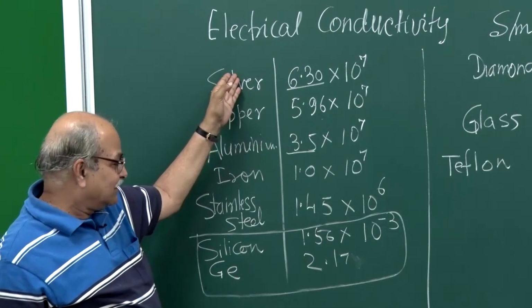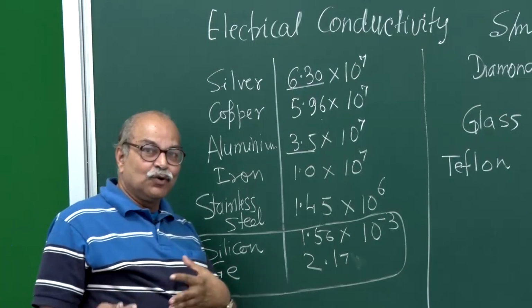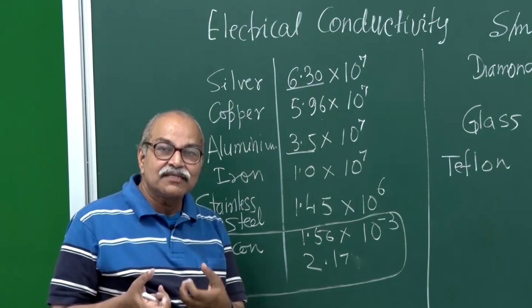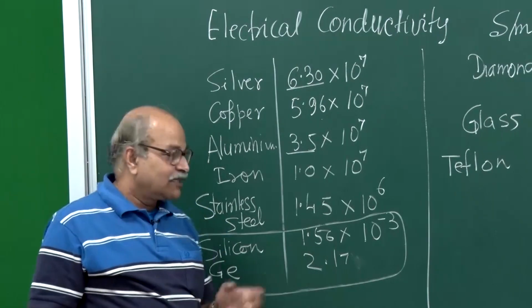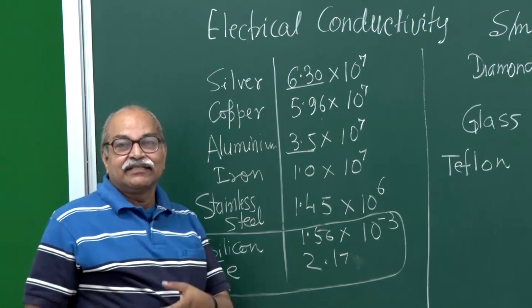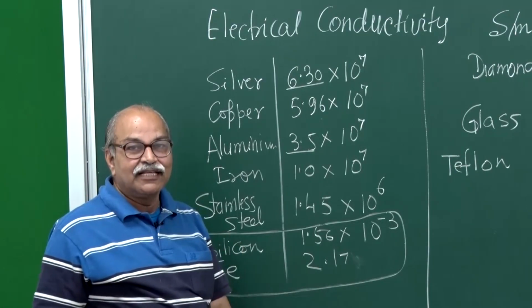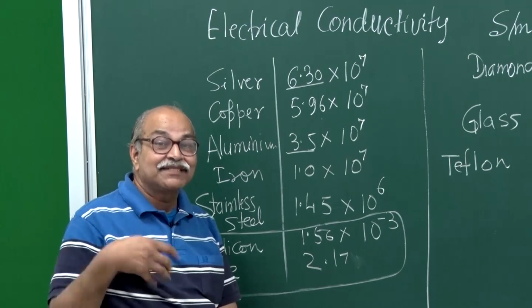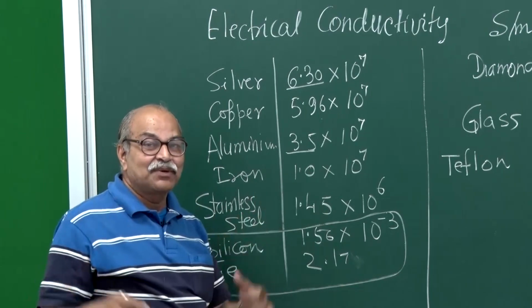So this is silicon. Most of our course will take silicon as the model semiconductor. Germanium is there, then other semiconductors are there, gallium arsenide based semiconductors are very important.